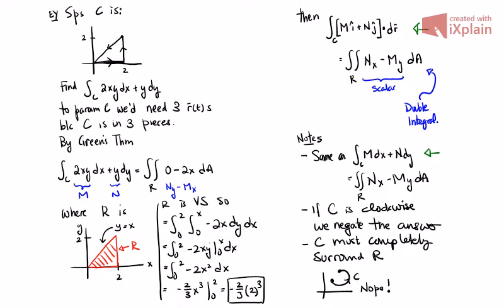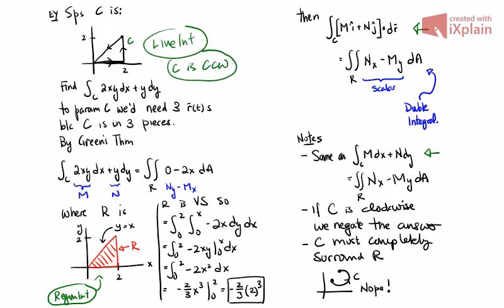Significantly easier than parameterizing and worrying about all that stuff. The key thing to see here is that we went from a line integral to a region integral. The original curve C is counterclockwise. We get this new double integral, we iterate it, we finish it.